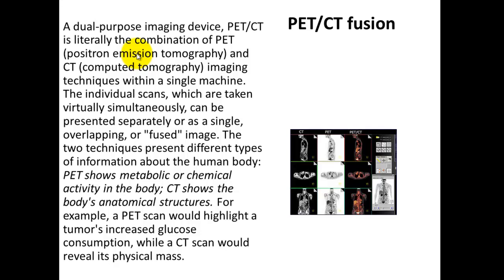PET-CT is a fusion study. It's the combination of a nuclear medicine scan along with a CT exam. CT is very good at pinpointing small spots, but it may not see if there is a cancer there. In other words, a type of pathology may not actually manifest on a CAT scan. Whereas on a nuclear study, you can get a sort of blurry hotspot.